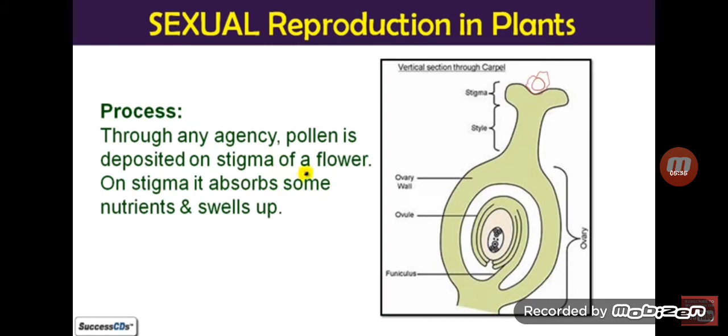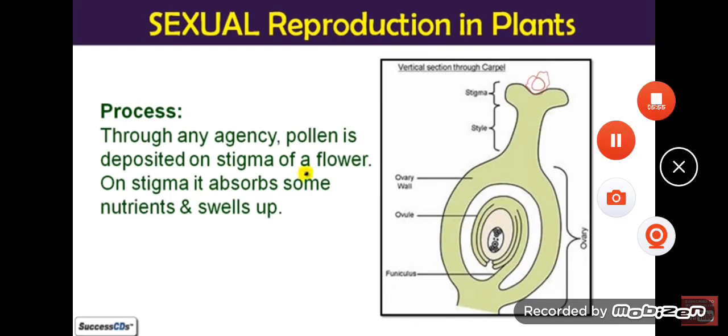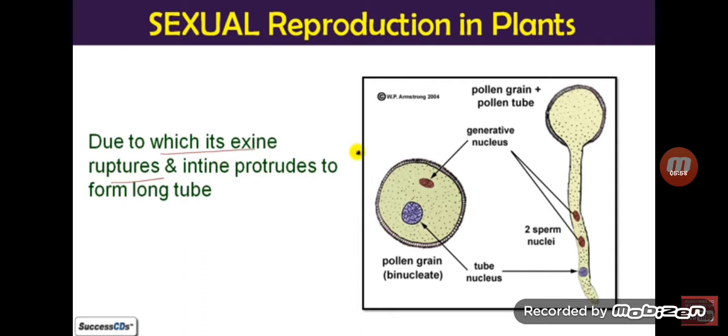Now, through agencies like wind, water or air, pollen is deposited on the stigma of a flower. On the stigma, it absorbs some nutrients and the pollen swells up. Due to the swelling, what happens?